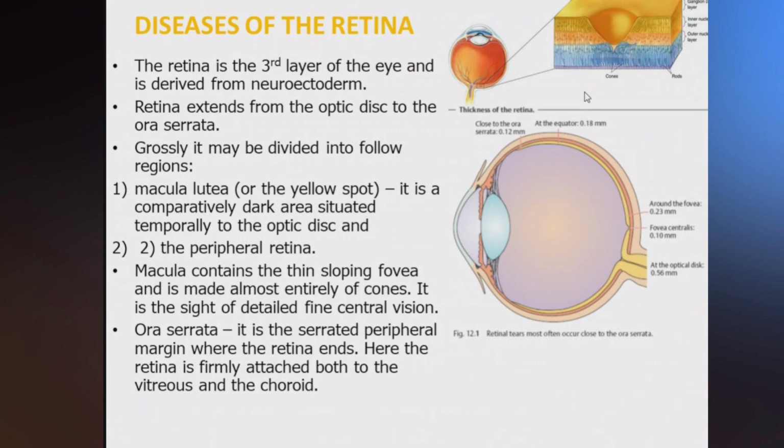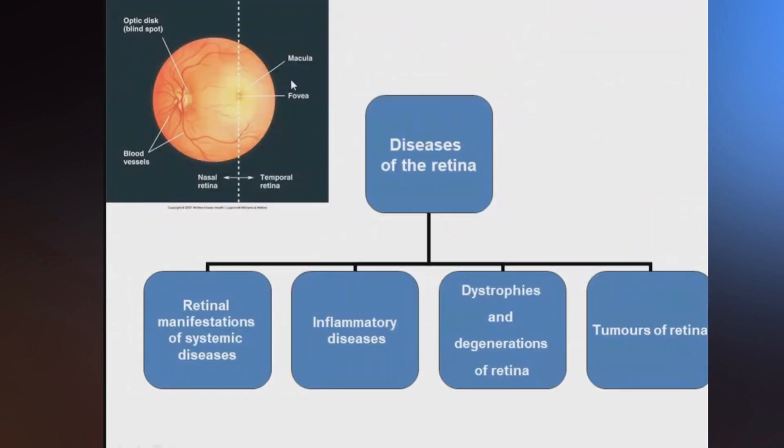So the retina is the third layer of the eye, and it's derived from neuroectoderm. The retina can be divided into two regions: macular area and peripheral area. On this picture, you can see clearly what we see during ophthalmoscopy.